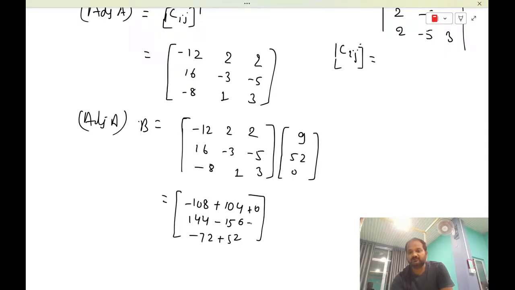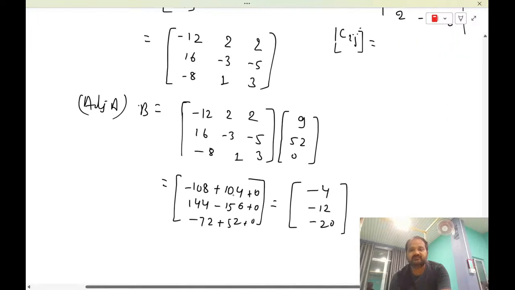In all, it will be plus 0. So this one will become minus 108, minus 4, this one minus 12, and this one minus 20. So the x value we have seen.